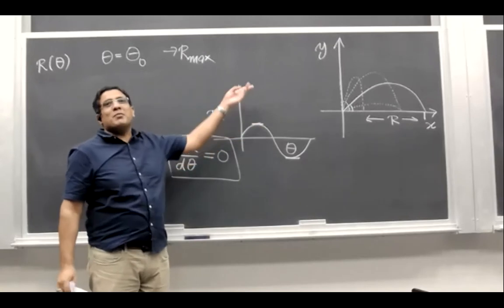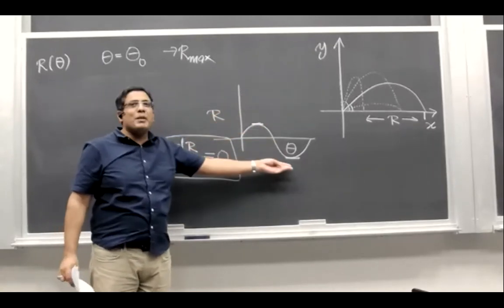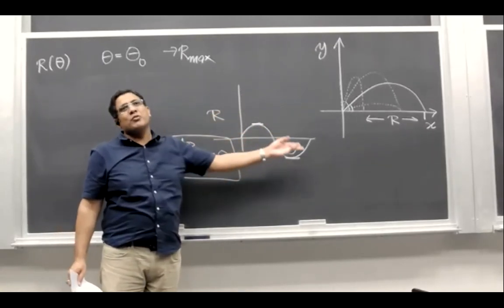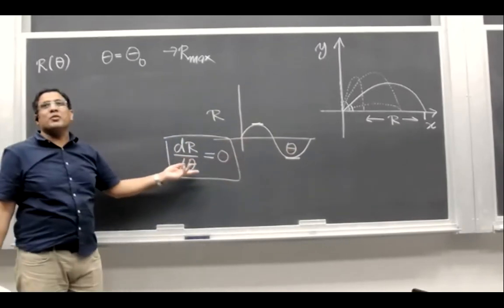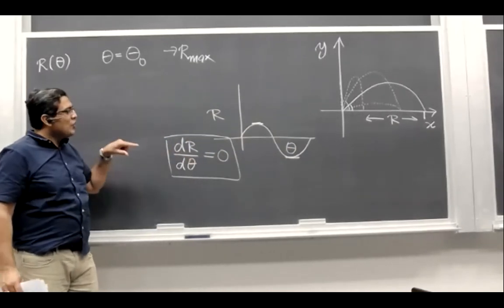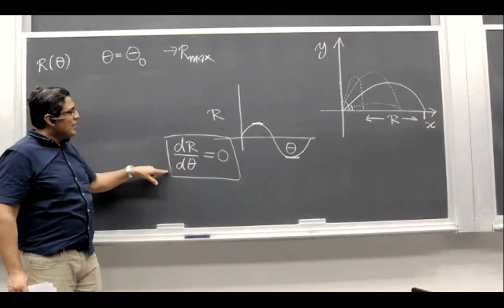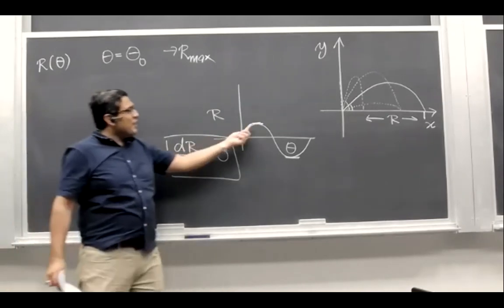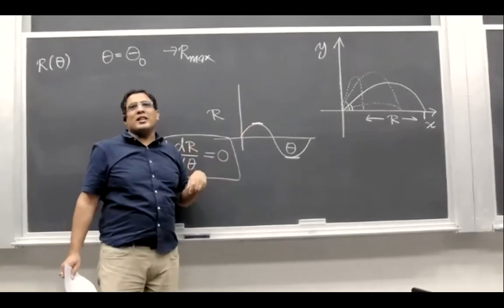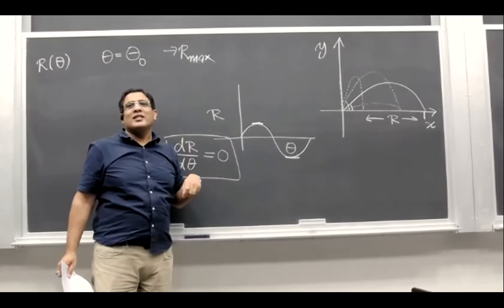So it could be a maximum value or a minimum value of the function, and you can't distinguish between the two from just the first derivative. So how do I figure out if I'm only interested in the maxima? Any idea? Second derivative.